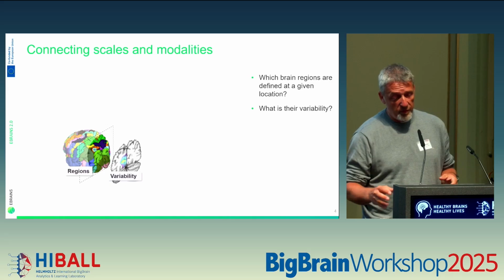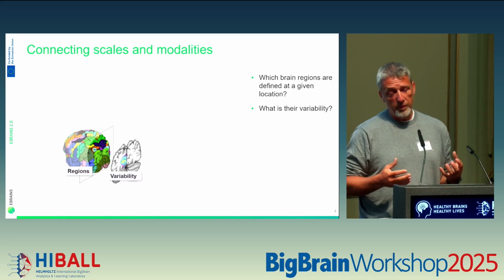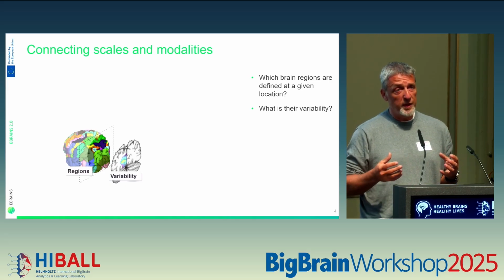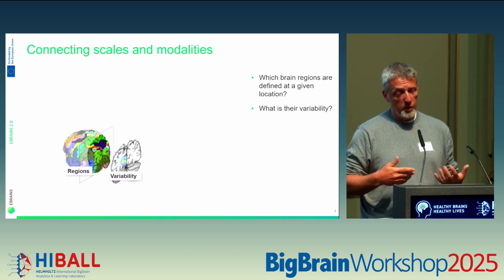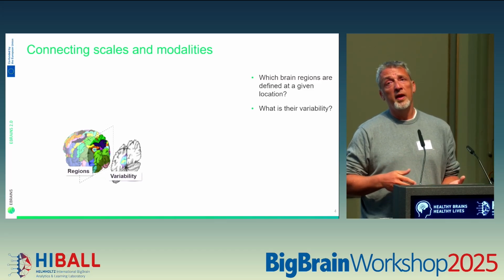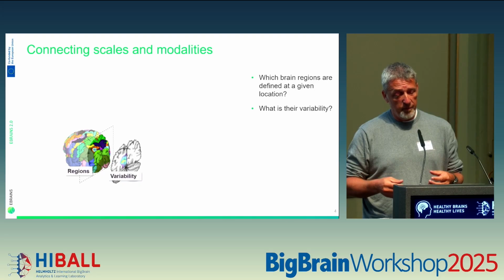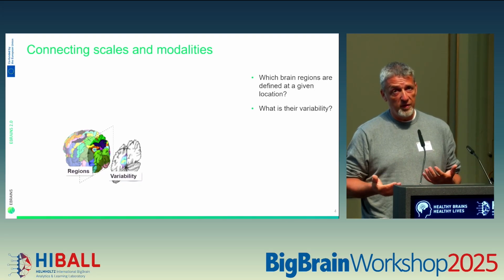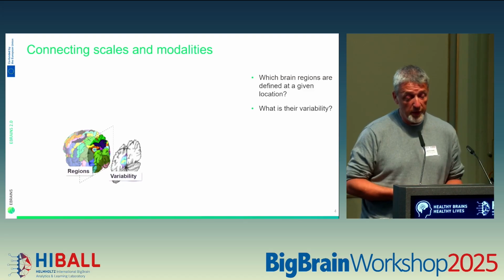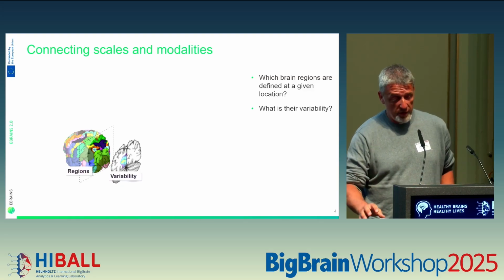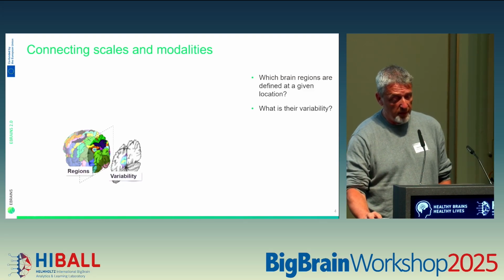On the left, you see a maximum probability map where sharp borders are defined between adjacent areas. But normally, those maximum probability maps are built on probabilistic maps because each brain is individual. If you really want to analyze it in detail, you have to include this variability, which is taken into account using those probabilistic maps.